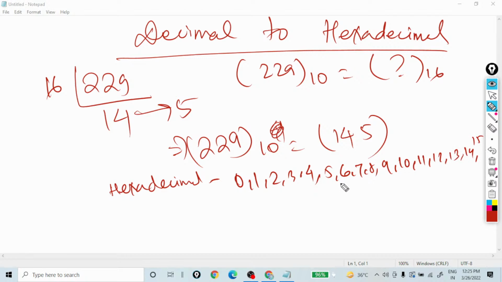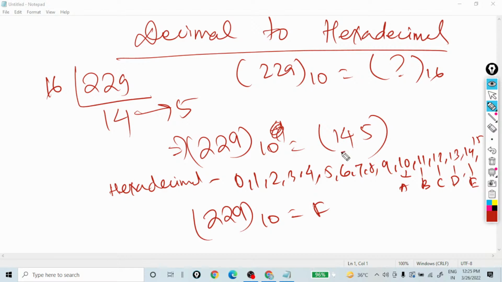From 10 will be considered as A, 11 as B, 12 as C, 13 as D, 14 as E. Right? And 14 is considered as E. Here we can write 229 base 10 is equal to, instead of this 14, you will write E, E5 base 16. This is the answer, right?